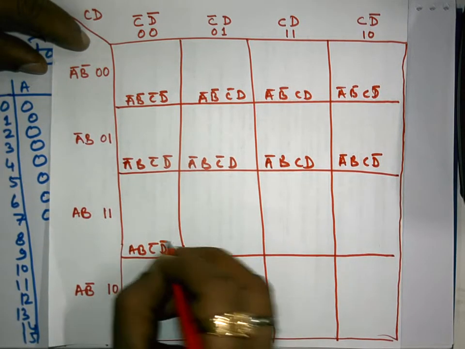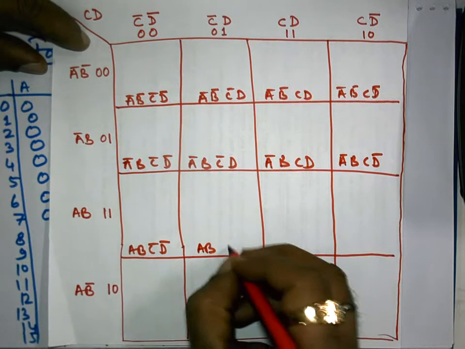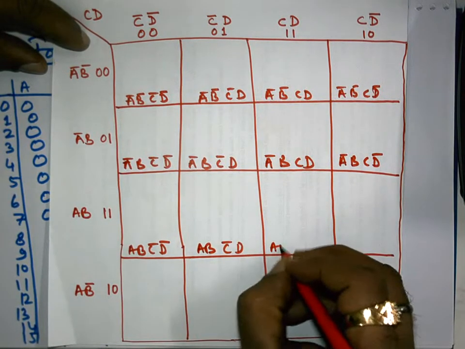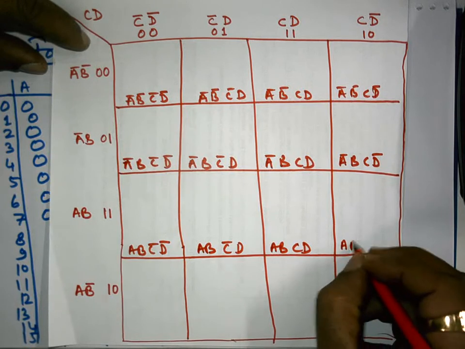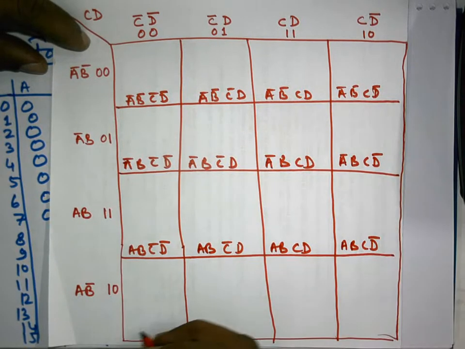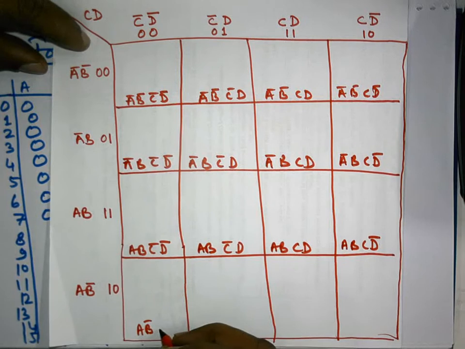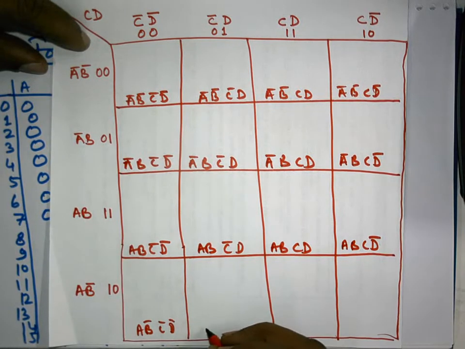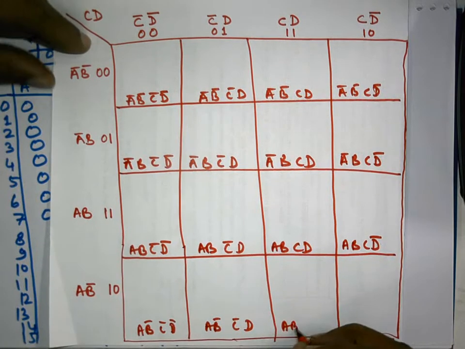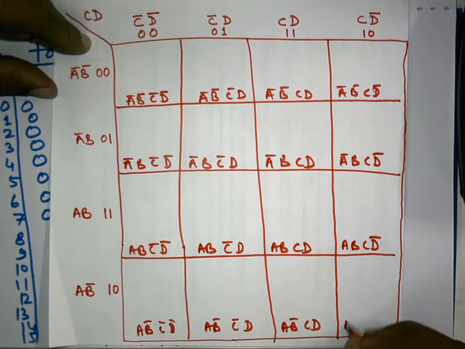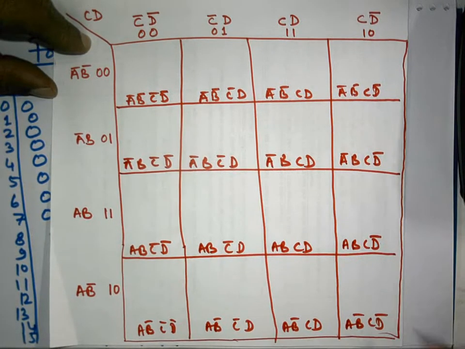A B C bar D bar, A B C bar D, A B C D, A B C D bar. A B bar C bar D bar, A B bar C bar D, A B bar C D, A B bar C D bar. Okay.